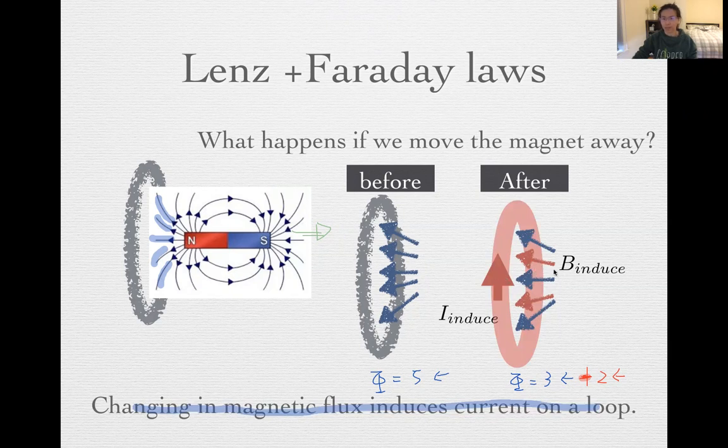All right, so this is what you will see in real life. As you move a magnet away from a ring, this ring will have a current running on it. This is what we usually say, that a moving magnet will induce current.